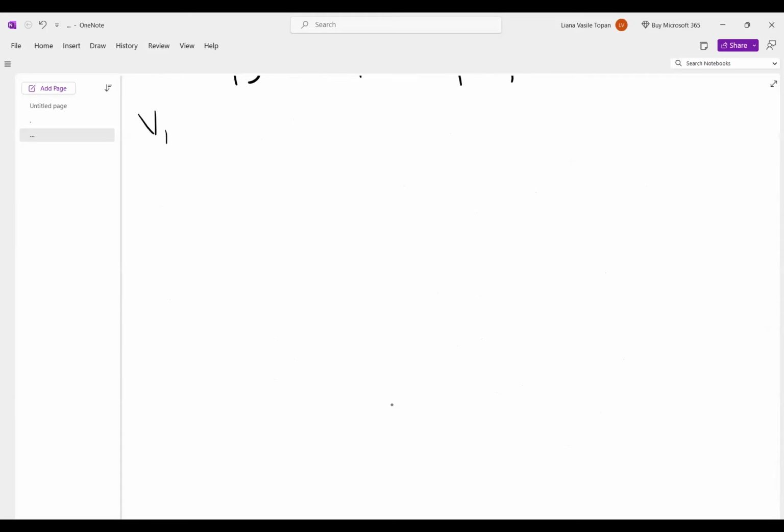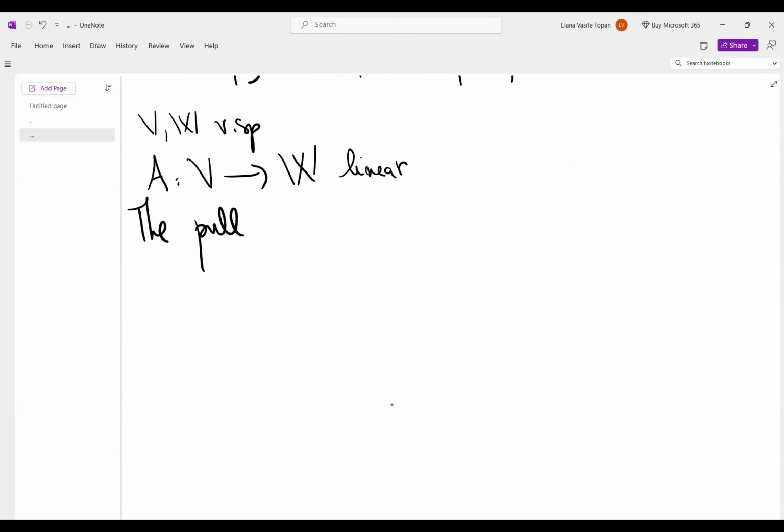So suppose that V and W are vector spaces, and then we have a linear map between the vector spaces, and we are going to define the pullback induced by A. And this is the map that we denote by A star, right?